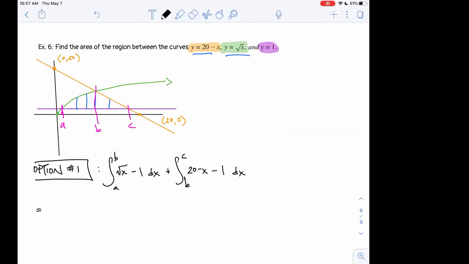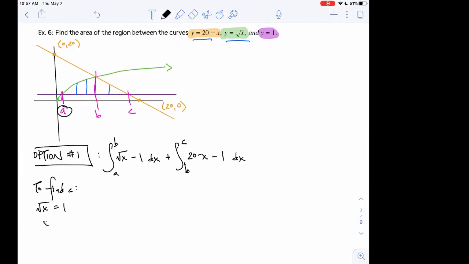So how do I find out the value for a? Like algebraically, how do I find the value of a? Set the green equation and the purple equation together? Perfect. So to find a, we're going to say square root of x equals 1.